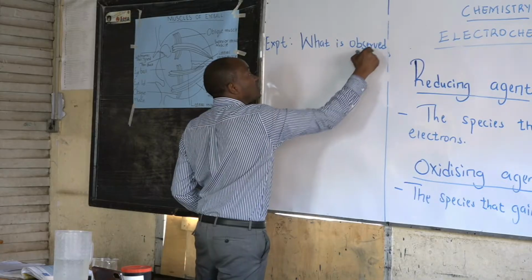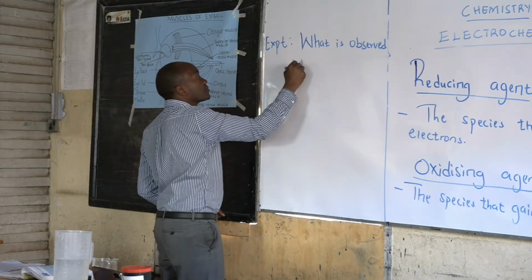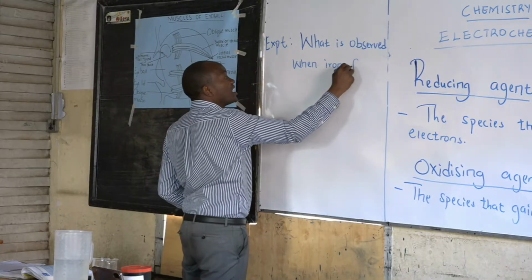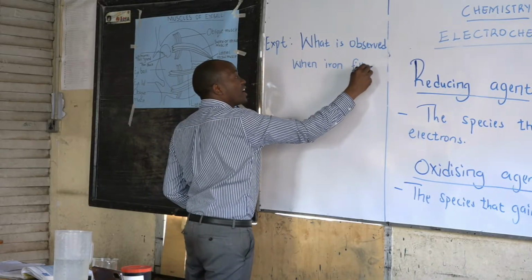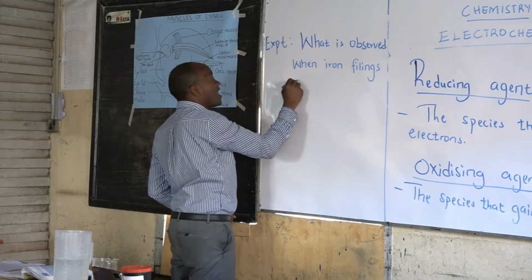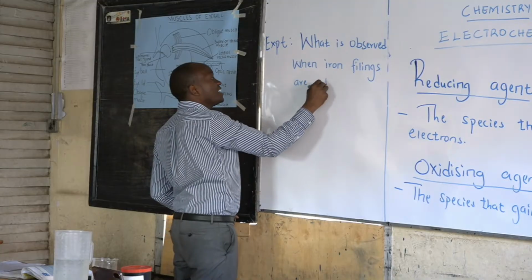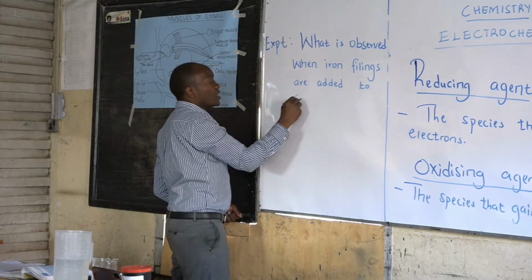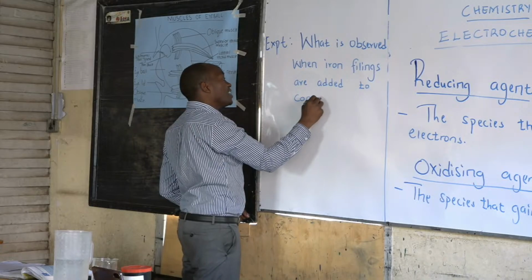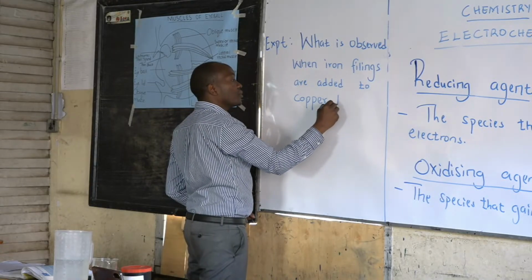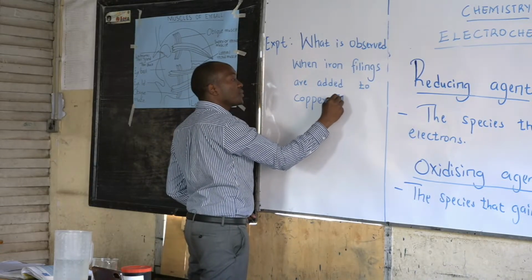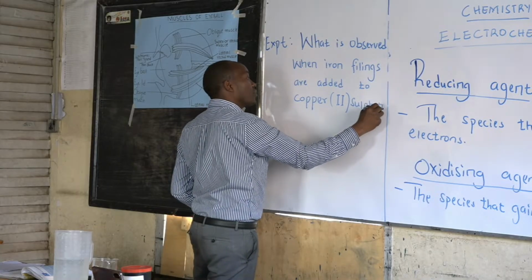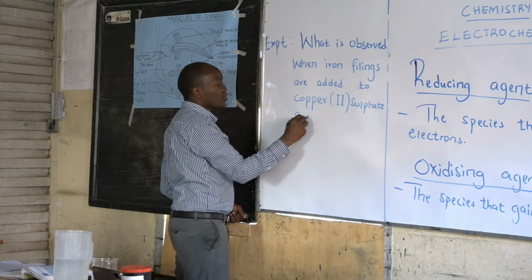What is observed when iron filings are added to copper(II) sulfate solution?